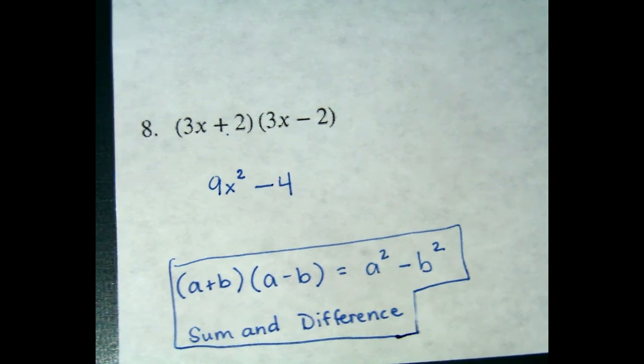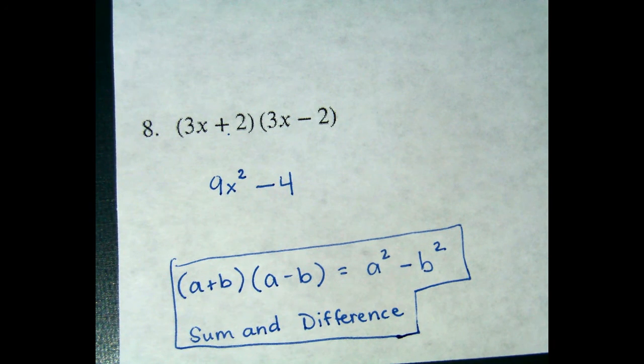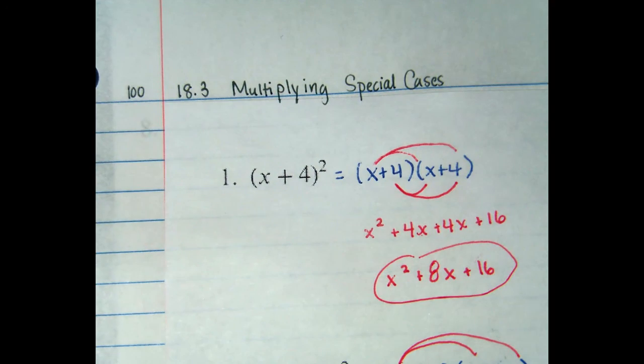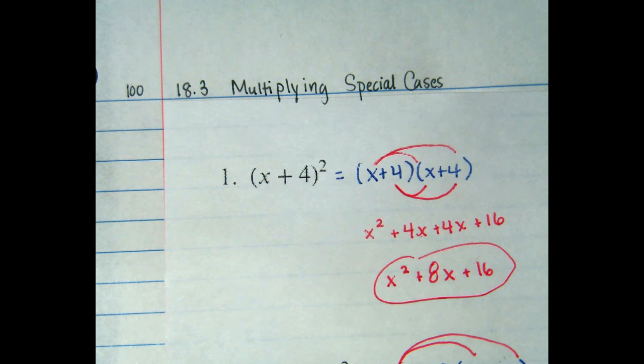And I'm going to show you the title for 100 and 101. The title is Multiplying Special Cases for 100 and 101.